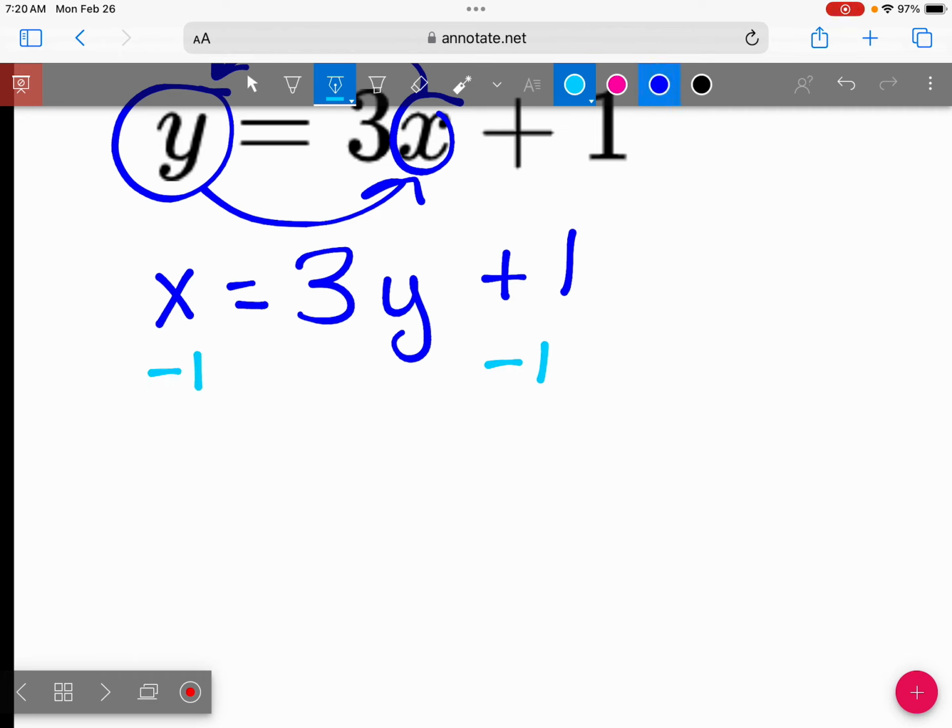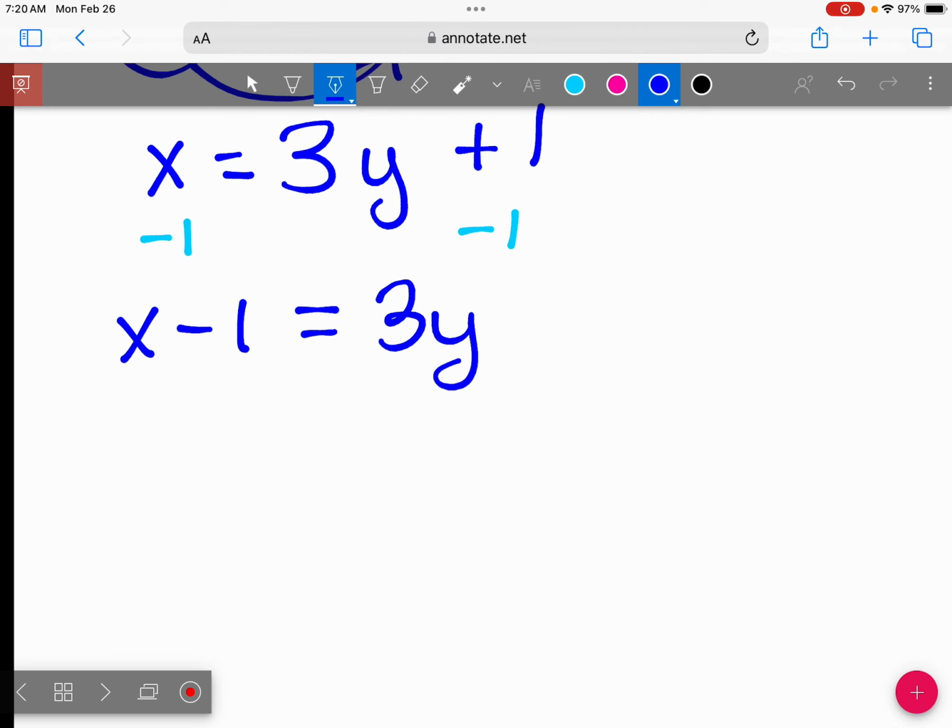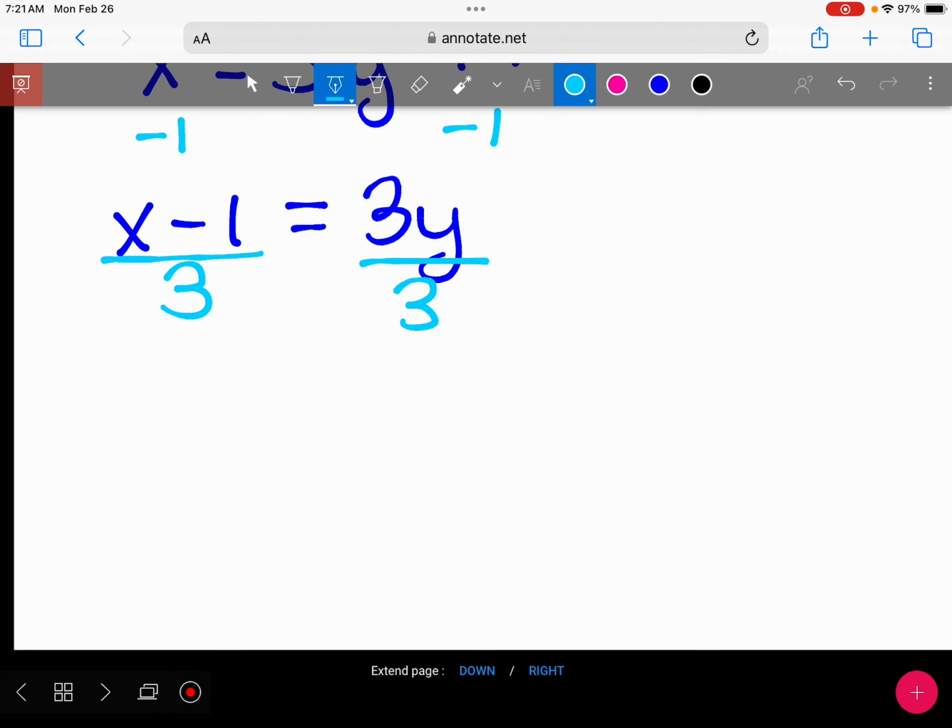Minus 1. So we have x minus 1 equals 3y. I still want to get that y by himself, so what do we do? Because this is 3y, not a 1, I can't push this into here. We've got to divide this side by 3 and this side by 3.